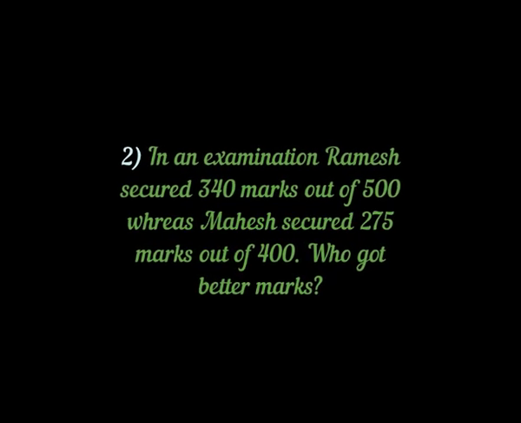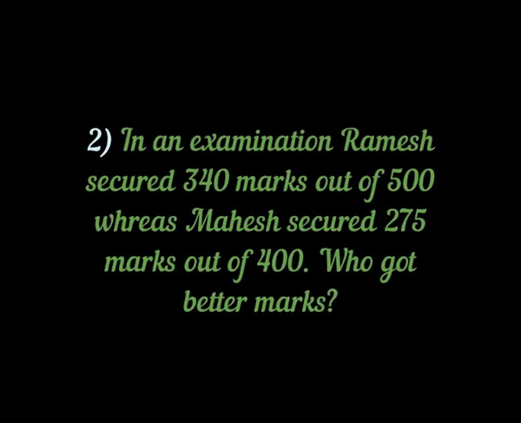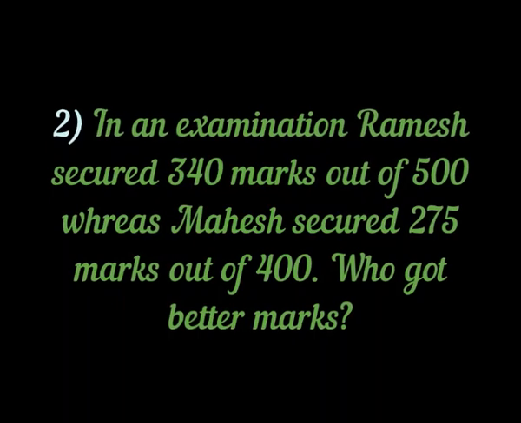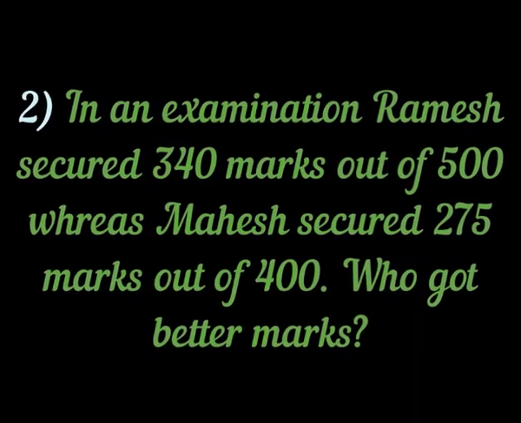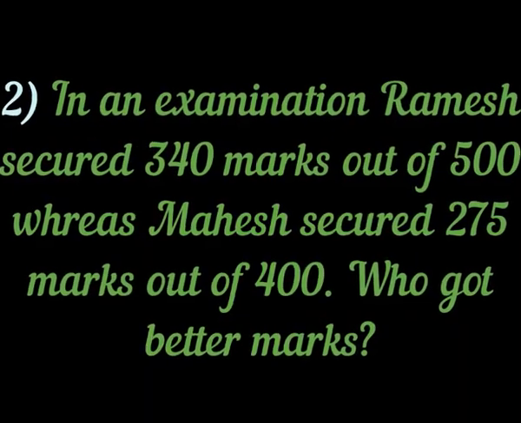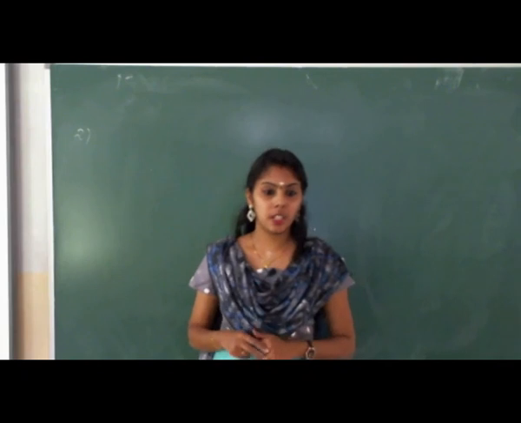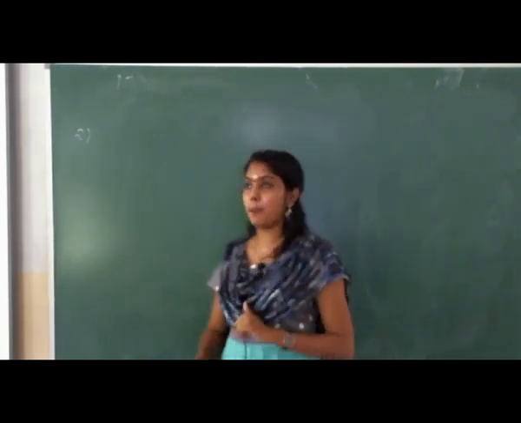In an examination, Ramesh secured 340 marks out of 500, whereas Mahesh secured 275 marks out of 400. Who got better marks? This is the question. And what's the first step? You can write marks obtained by Ramesh.